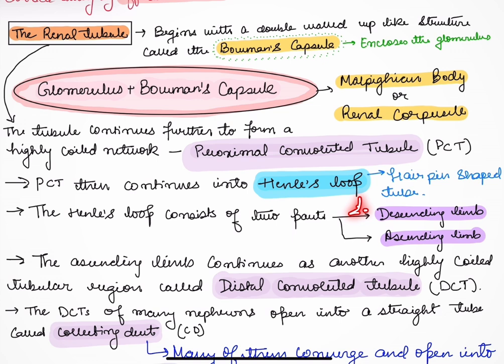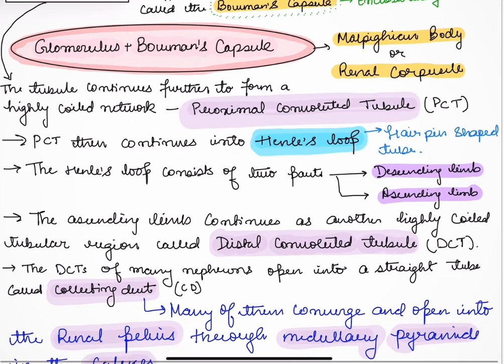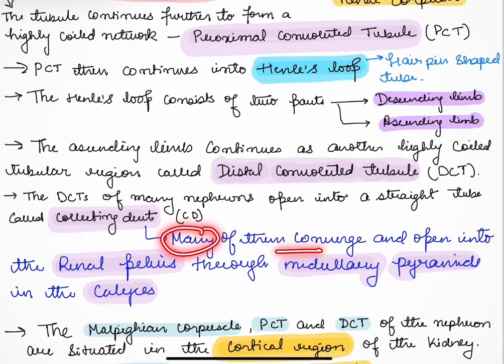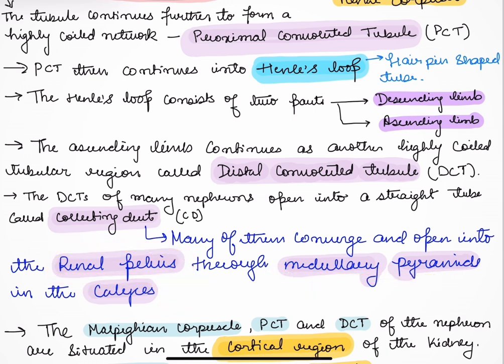The first one being the descending limb and the second one being the ascending limb. So we are just getting an idea about the structure of the nephron. Many of the collecting ducts converge and open into the renal pelvis, and from renal pelvis they go to the medullary pyramids, and from the medullary pyramids they go into the calyces.